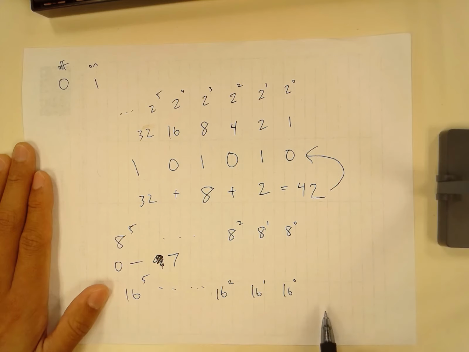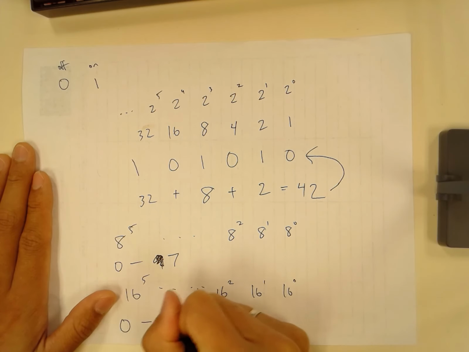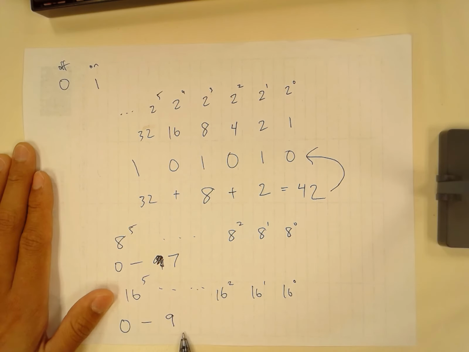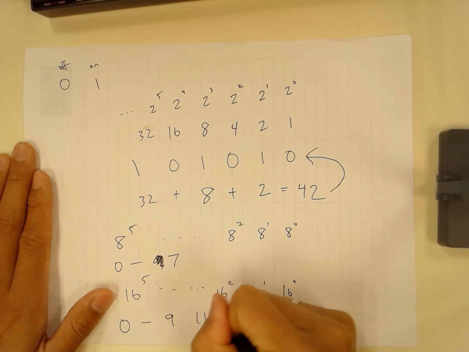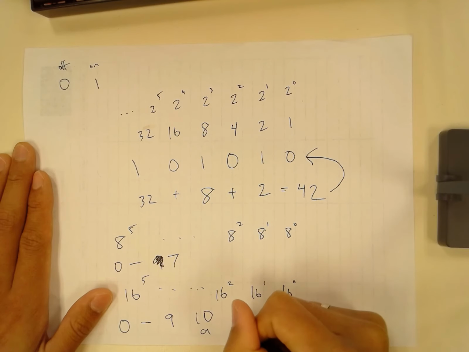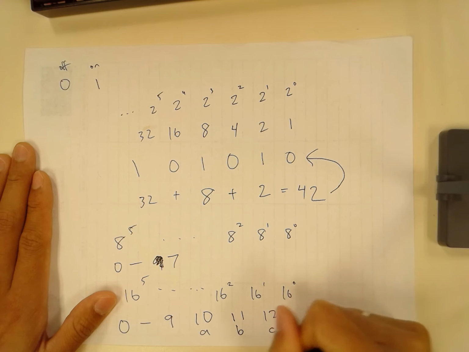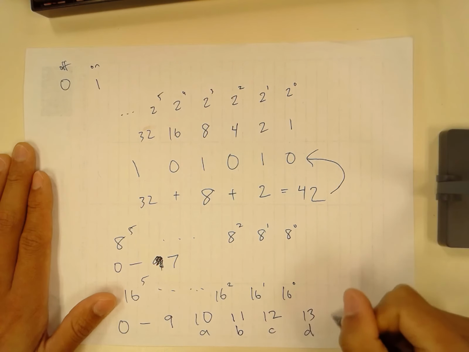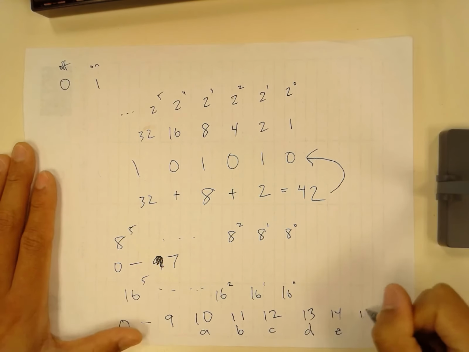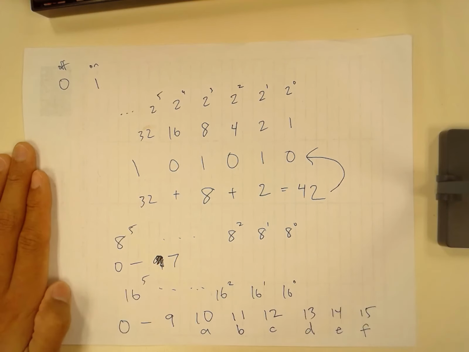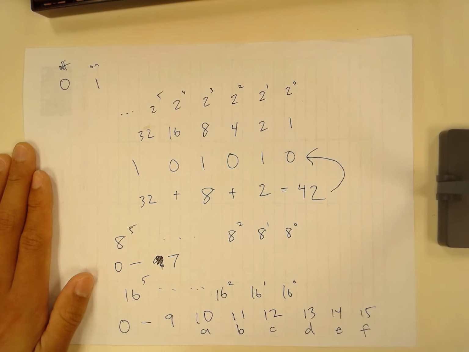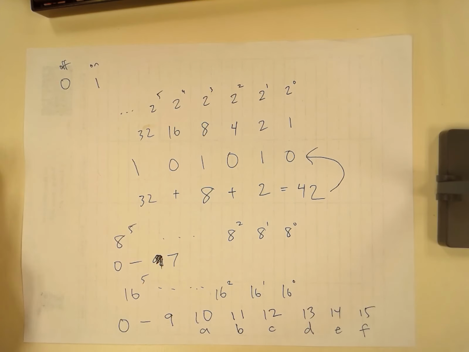And with hexadecimal, we go from 0 to 9, which is 10 digits, and then 10 is represented with the letter A. 11 is represented with the letter B. 12 is C, 13 is D, 14 is E, and 15 is F. And that is 16 numbers. So that's the basics of these different number systems.